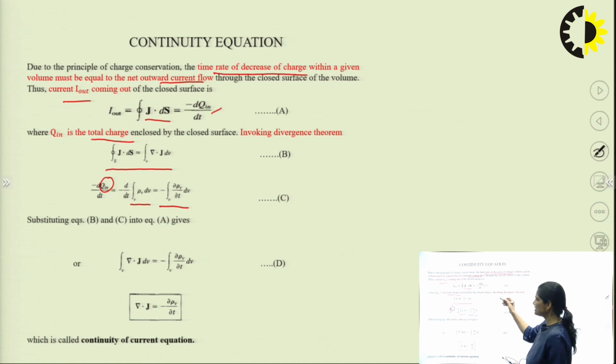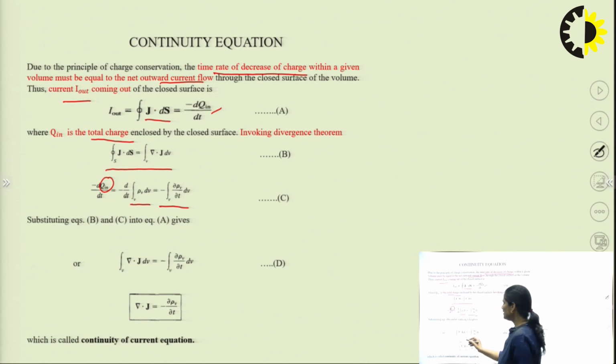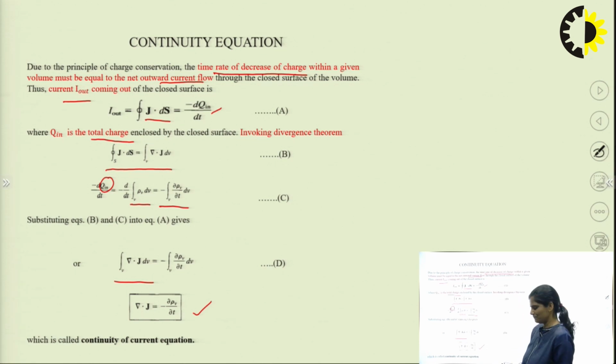Now substituting, this is equation B and this is equation C. When you substitute these two equations in equation A, you will get the integration of del dot J dv is equal to minus the integration of del rho_v upon del t into dv. Both are in volume integration form, so you can write del dot J is equal to minus del rho_v upon del t. So this is the continuity of current equation.